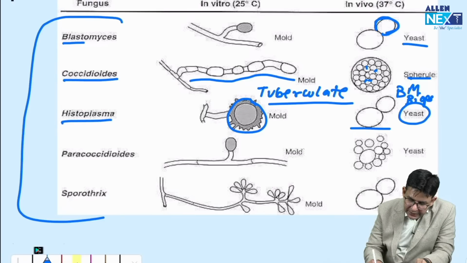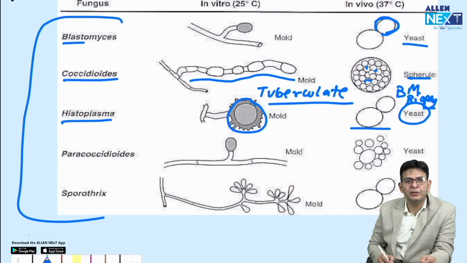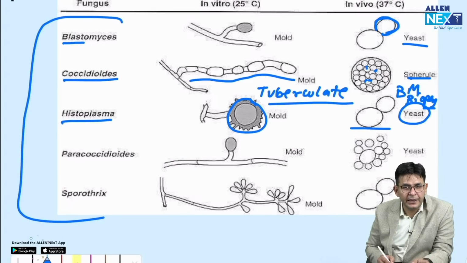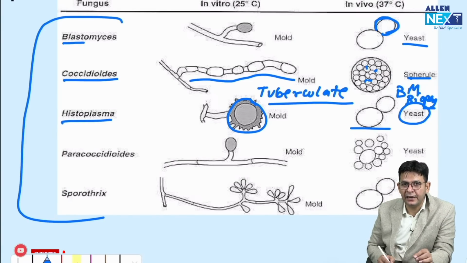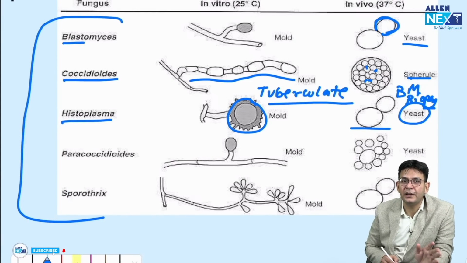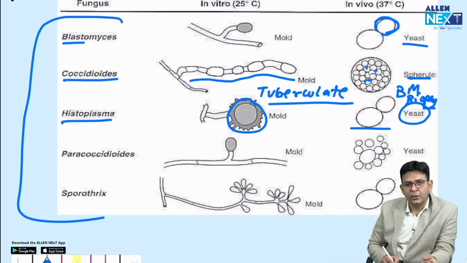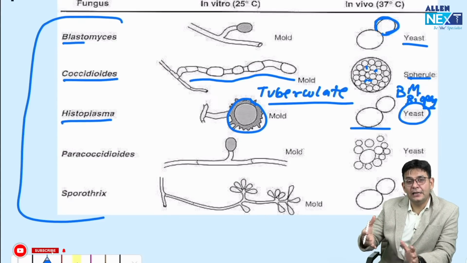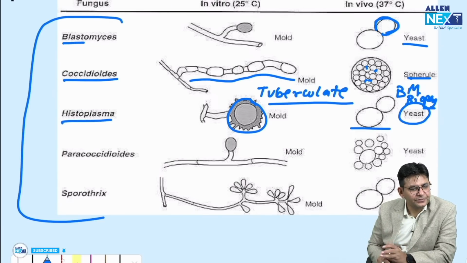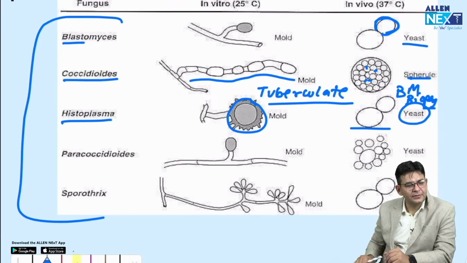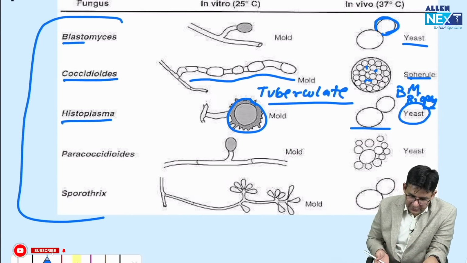In the bone marrow biopsy of these individuals with a traveler history, if they are coming up in your exam, they are asking regarding the histoplasmosis, which is also termed as Ohio disease. Okay, and this is also termed as Darling's disease. Fine.